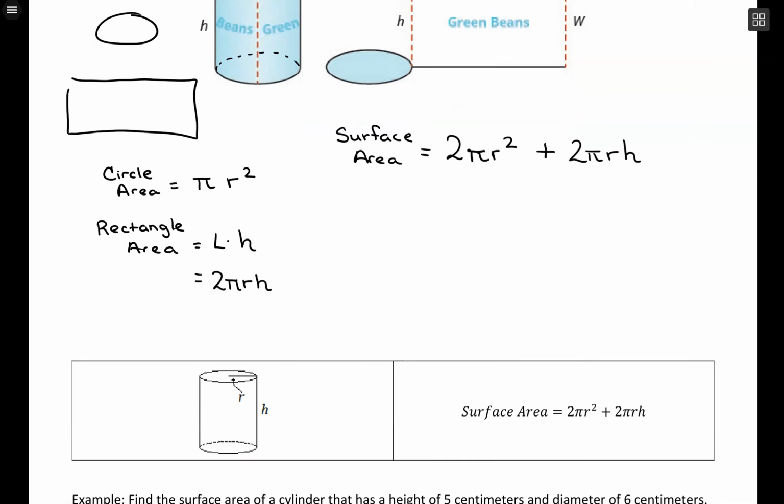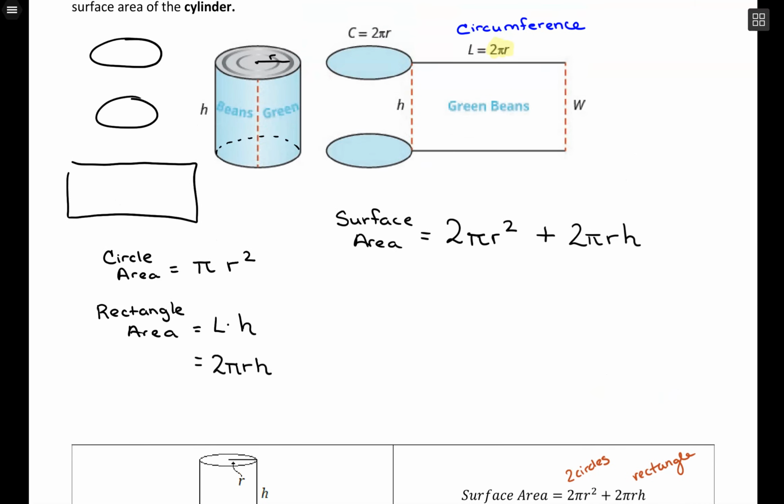So that's our formula for surface area, which you can see down here. It comes from two circles plus a rectangle. So if you don't have the formula memorized, you can break it down that way. You would need to remember your calculation for circumference as well as circle area.